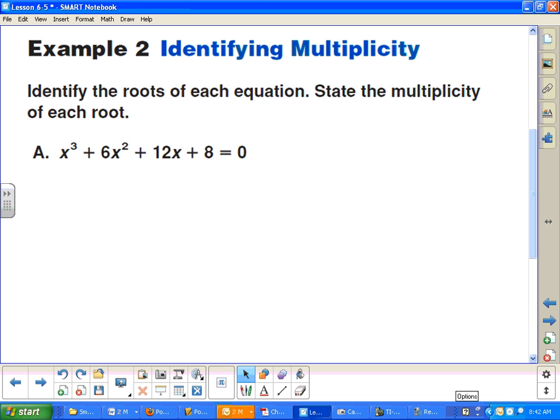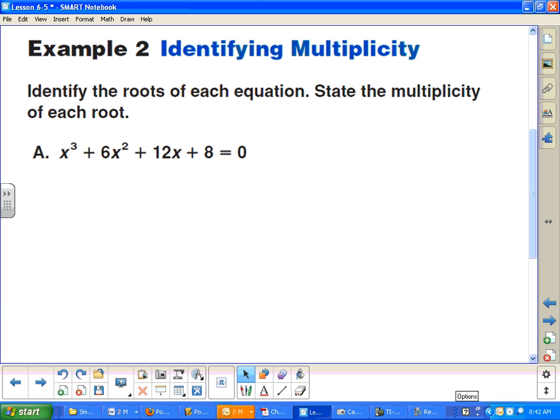Now, if we can factor it, that would be awesome, okay? And so let's take a quick look at this and see if I can factor it. I've got 4 terms, so maybe I can factor this by grouping. Let's see. I have, take out x squared to get x plus 6, right? Over here, am I going to be able to get an x plus 6?